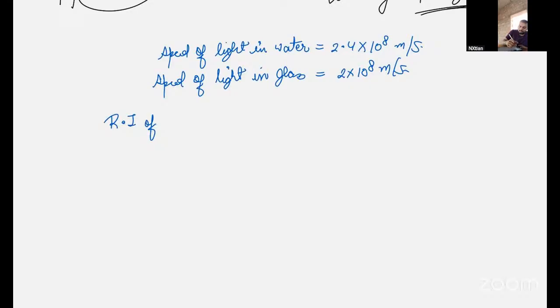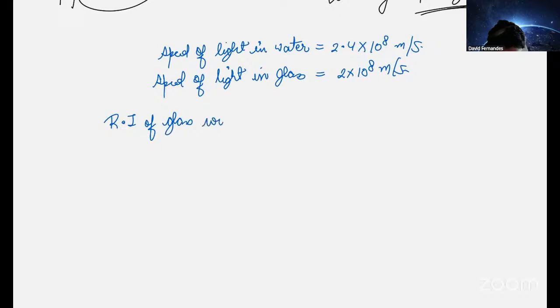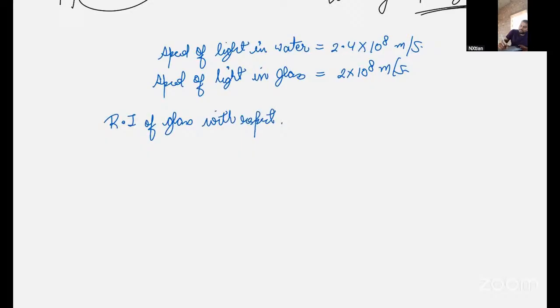Calculate the refractive index of glass with respect to air. So what formula will you make out of this? They are telling you in the first part to calculate the refractive index of glass. So which speed will come in the denominator? Glass or water?